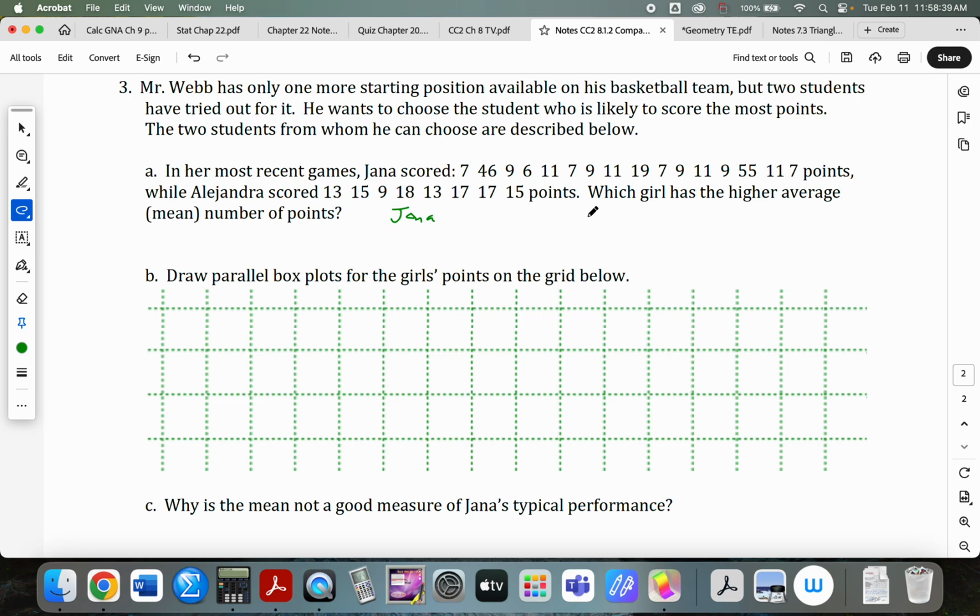Well, what's the highest and what's the lowest? So the absolute highest is 55, right? And the lowest is 6. So if we do it by fives, is that going to be enough? 5, 10, 15, 20, 25, 30, 35, 40, 45, 50, 55. Going by fives will work.